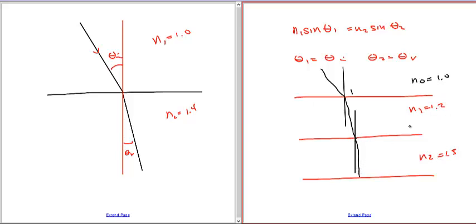Now, if these were flipped around, then in the second case it would bend away from the normal. So it depends upon the relative values. So that might be an interesting problem. Do that where you have two interfaces, and I'm not sure which way I would do that.